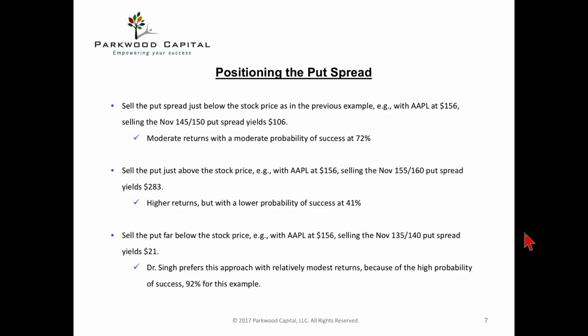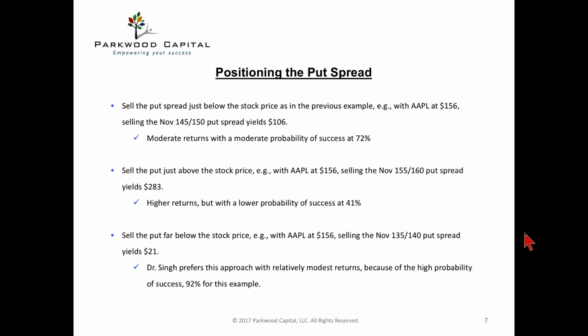The example I just gave you with Apple at 156 and selling the 145-150 put spread yielded $106. Now, if you calculate the probability using standard deviation and so forth, you will find that the probability of Apple closing above 150 is 72%. So that's a pretty moderate, pretty good probability and a pretty good return.